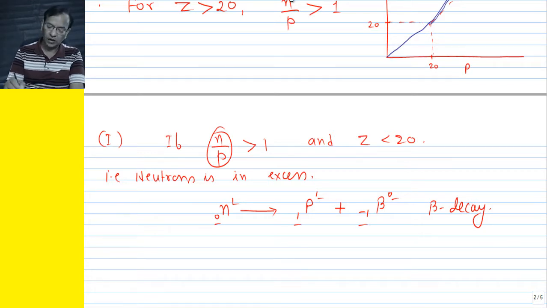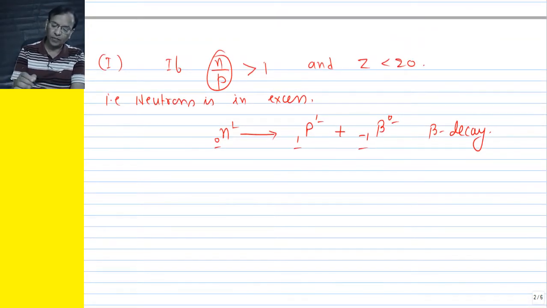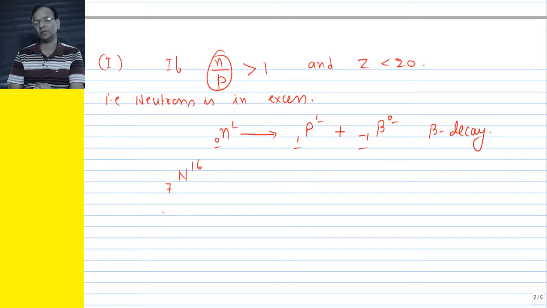If we want to take a real example, let us take the case of N16, nitrogen 16. Here we have 7 protons and 9 neutrons, which is greater than the number of protons. So it will decay by beta emission.